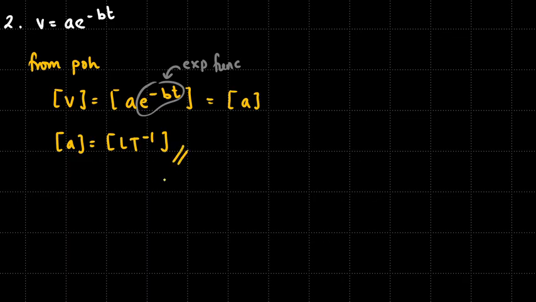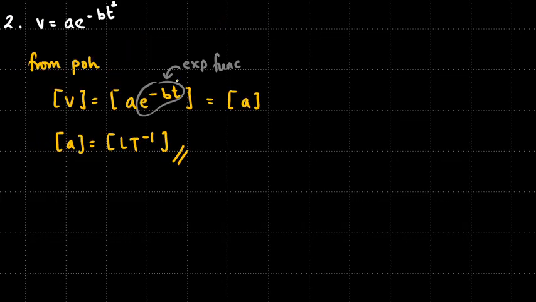So we are done with this. Since e to the power minus B t squared is an exponential function, it is dimensionless. So B t squared is also dimensionless in this case. I'm sorry, it's supposed to be squared. Yep, we wrote square over here.